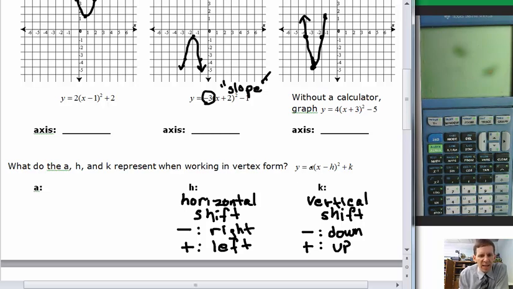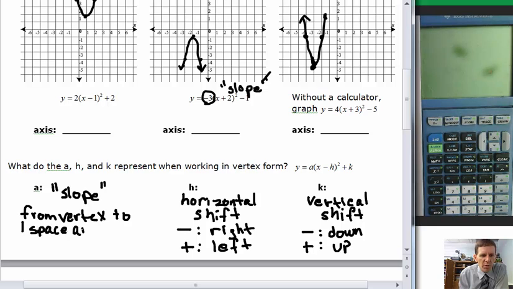And the a is kind of like your slope. It just refers to the distance vertically from the vertex 1 space to the right. So whatever number that is, that tells you how far vertically you're moving from the vertex to 1 space away.